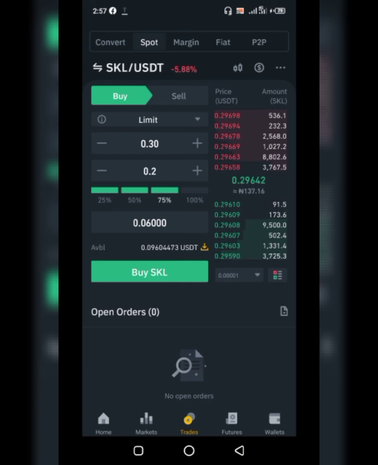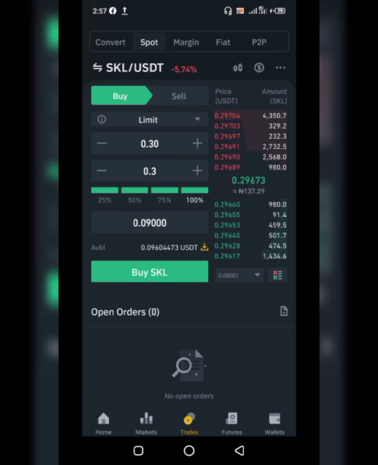If you select 75%, you are telling it to use 3/4 of your money. You understand now? That is 75% of your current trading fee to trade this very signal. And if you select 100%, you are telling it to use all your money, all your current trading fee, to put on this trade. That is what you are telling it, and you click on buy.